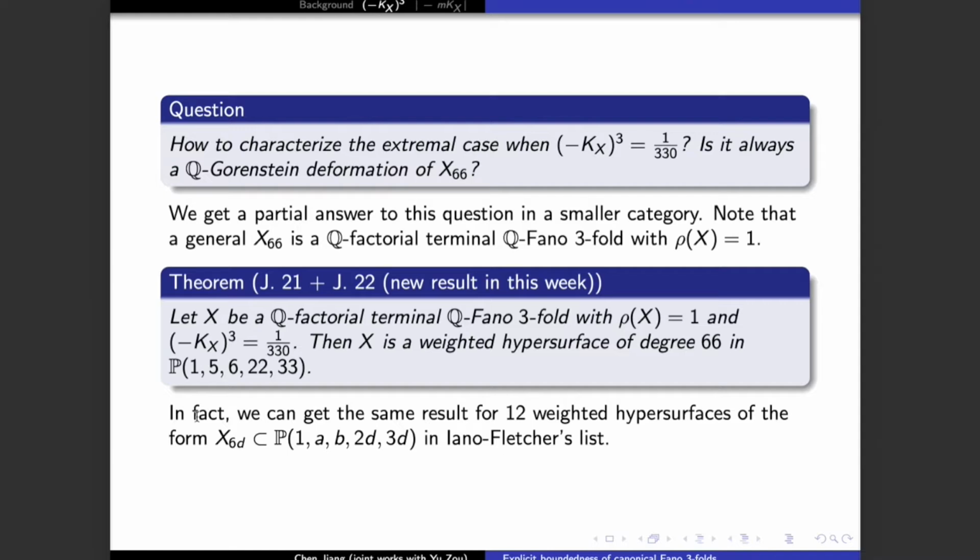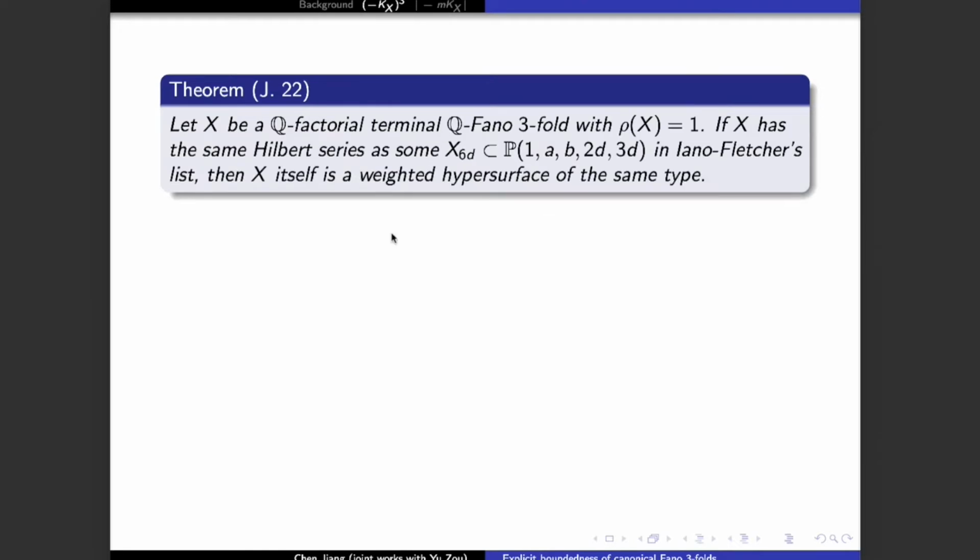So then let me give you a more precise statement. If X is a Q-factorial terminal Q-Fano threefold with Picard number 1, and if X has the same Hilbert series as some hypersurface of this form in Iano-Fletcher's list. As you can see, when d equals 11, this is the example with the minimal volume. But there are actually 12 examples in Iano-Fletcher's list satisfying this form.